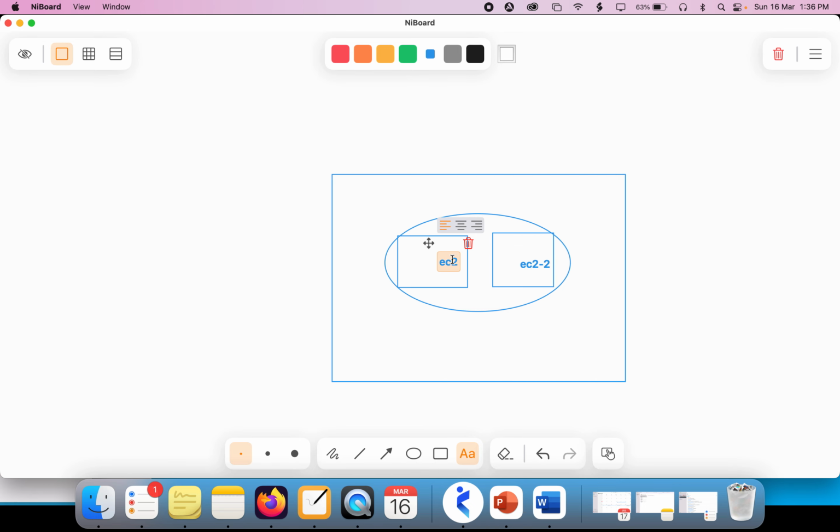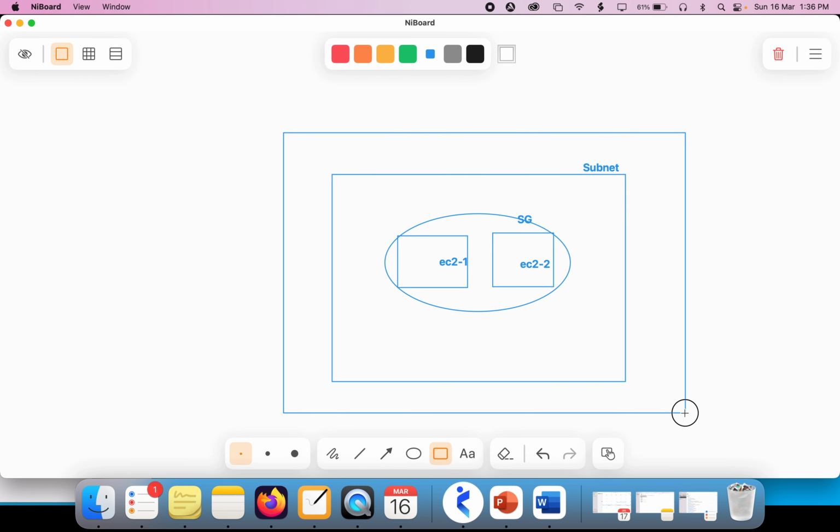This is the security group, and this is the subnet. The security group acts as the firewall at the instance level, whereas NACL acts as a firewall at the subnet level.